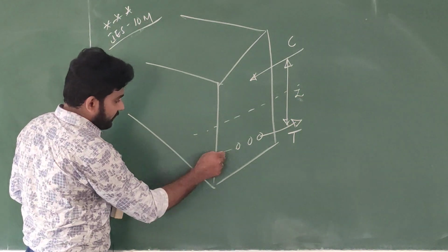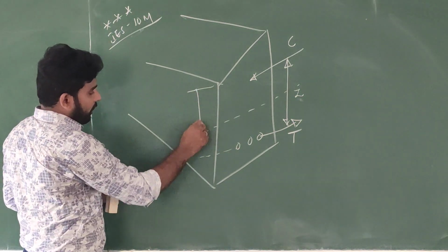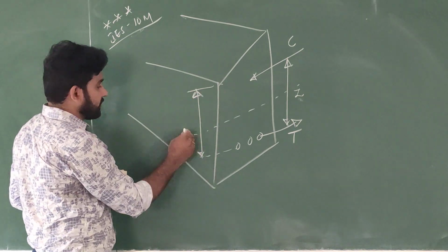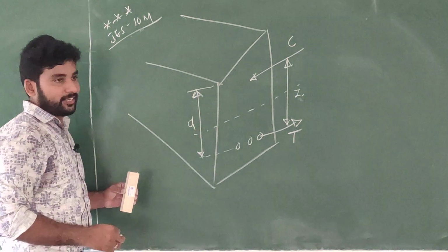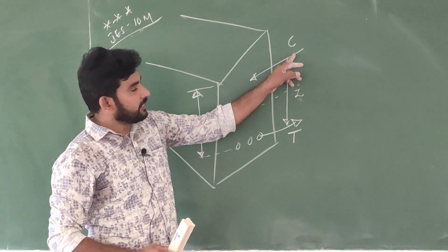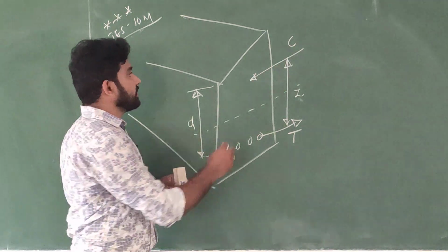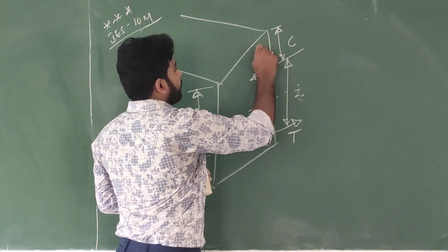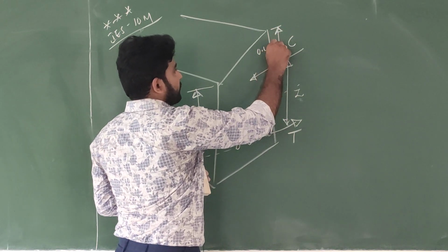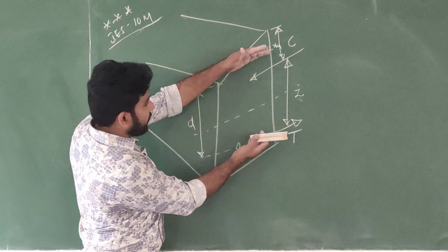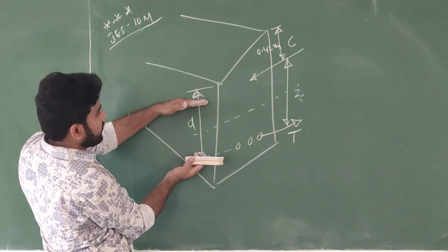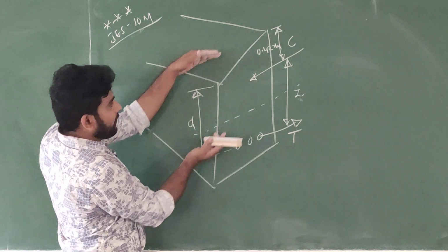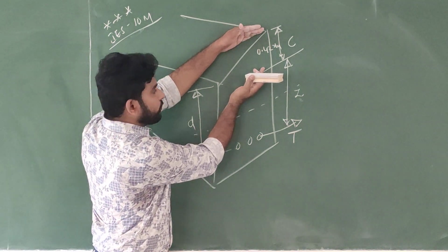We know that from the outermost compression fiber to the center of the tension reinforcement, this is the effective depth, and this resultant compressive force is acting at a depth of 0.42 Xu. Now I want this distance. The total distance is d, this distance is 0.42 Xu.